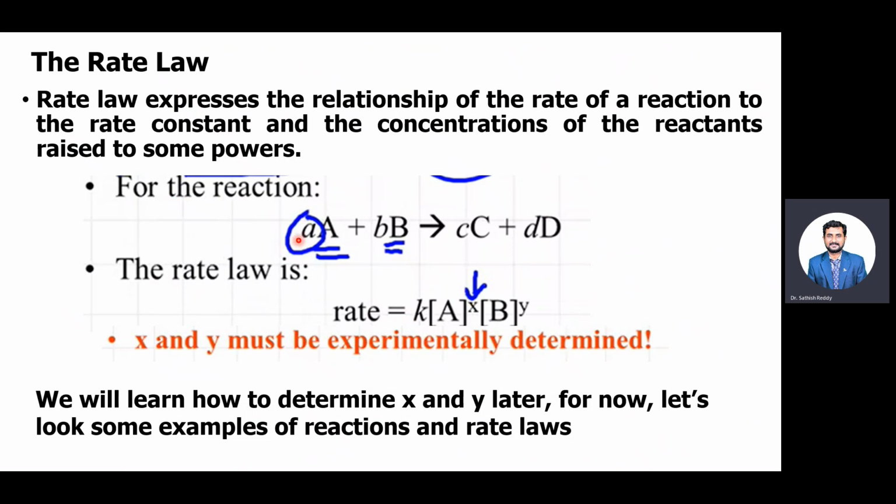For a reaction aA + bB gives cC + dD, x and y must be experimentally determined. We have to determine them experimentally, because the order of a reaction can't be found by using equations.